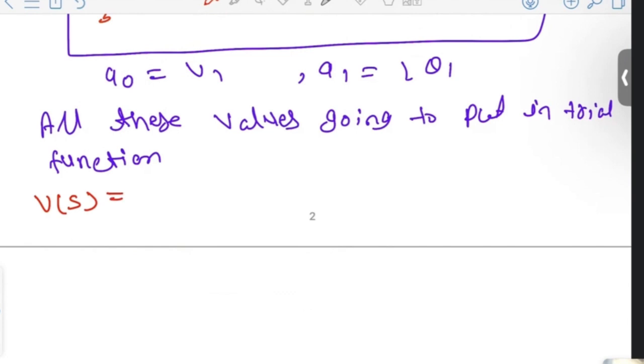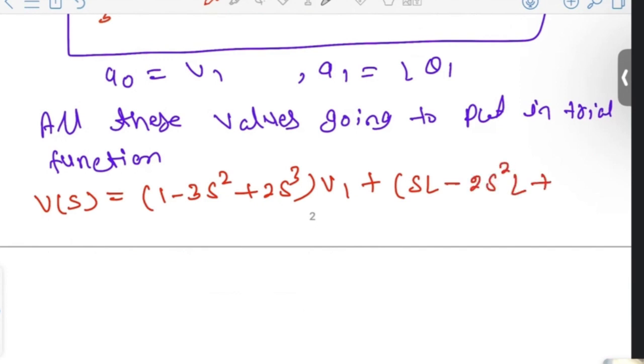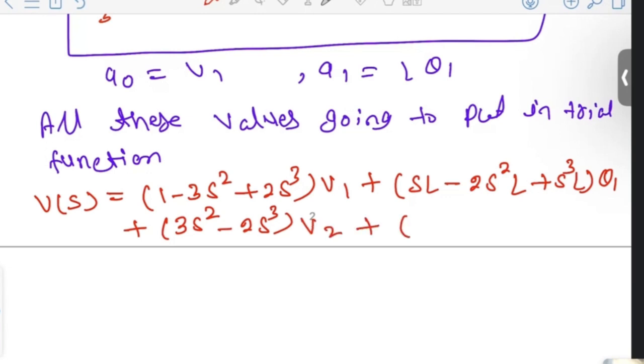Bs equal to 1 minus 3s square plus 2s cube, then B1, plus sL minus 2s square L plus s cube L into theta 1, plus 3s square minus 2s cube into beta 2, plus minus L s square plus L s cube into theta 2.